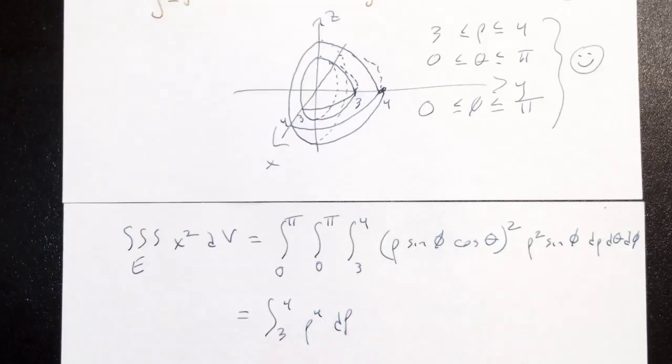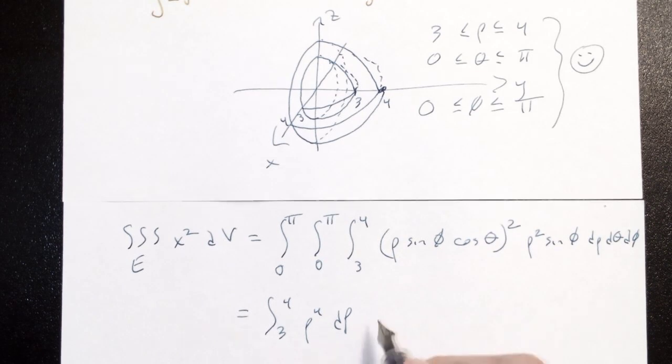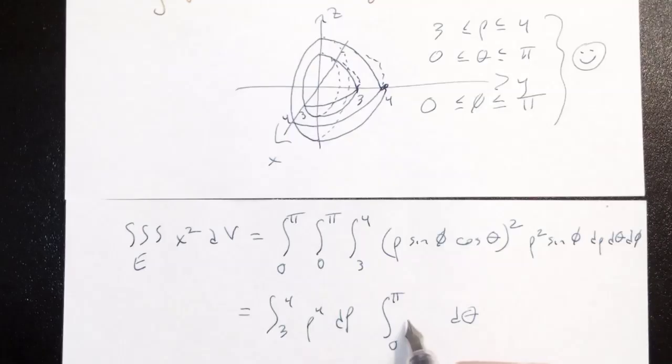How many theta things do I have? Be careful, because that sine is in phi.